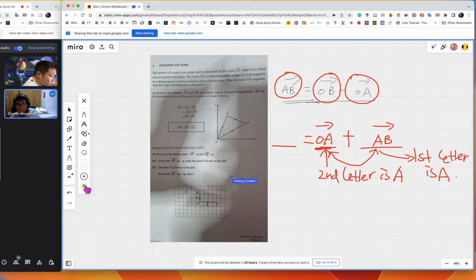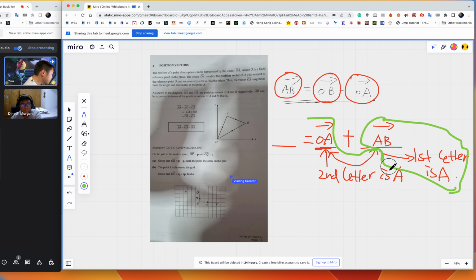So what I'm trying to say is, the second letter of the first vector is A, the first letter of the second vector is A. If the second letter matches the first letter, the final vector will be OB.